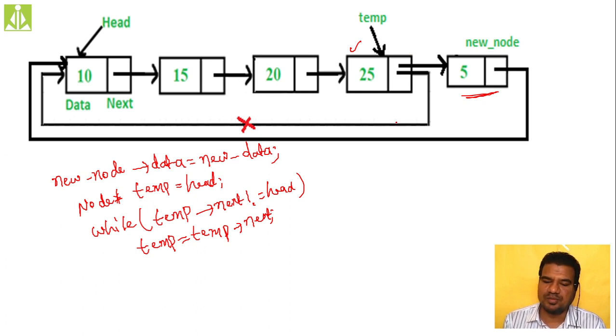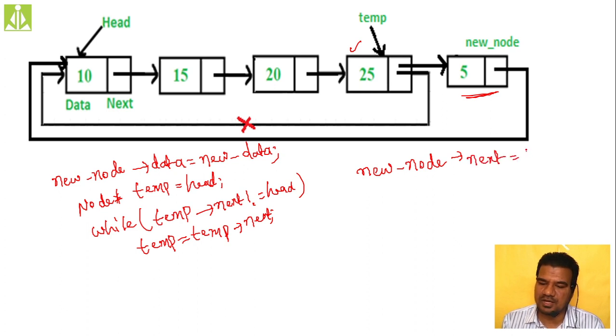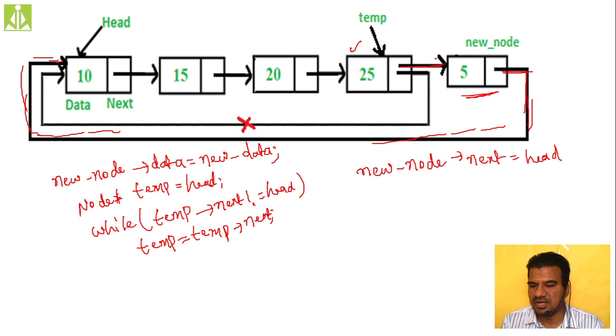Then do like this: new node of next, new_node of next equals to head. So this link we are establishing, from here to the first. Then we have to make the temporary pointer of next, which previously is also pointing over here, point to the new node so we make this last connection.